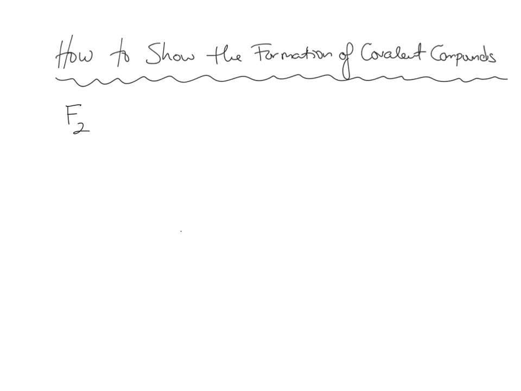So my first step is to draw however many they tell me to draw. In this case, I'm told to draw two F's. So first step is that I'm going to draw the Lewis dot structures for all of the different elements that I am told to draw.